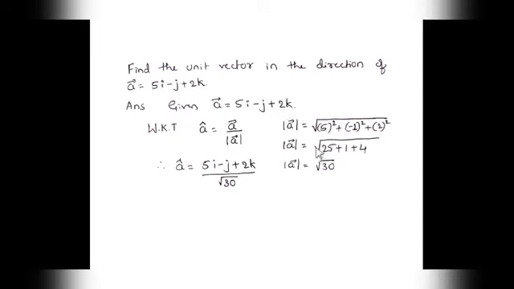That is root of 25, minus 1 square is obviously plus 1, plus 2 square is 4. If I add all three quantities, I get root 30. Now A cap is equal to the given vector divided by the magnitude of the vector, root 30. This is the unit vector in the direction of the given vector.